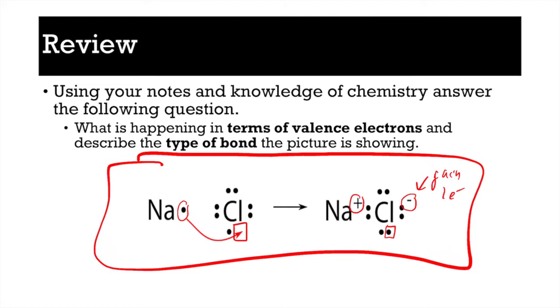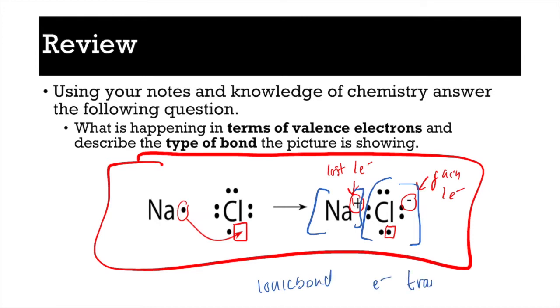Now sodium has that positive charge. Again, positive means you lost one electron, and so that's why sodium is positive. Now, positives and negatives stick together, and that is where the ionic bond comes into play. So this is an ionic bond, and electrons are transferred.